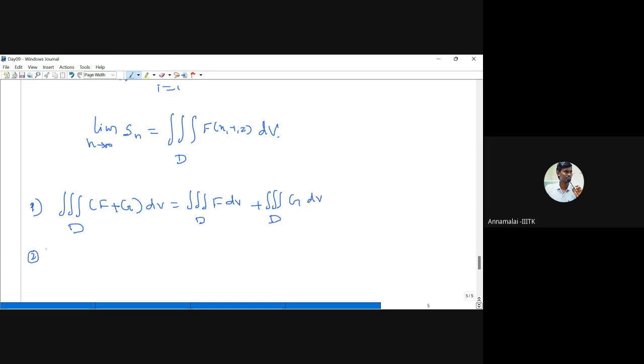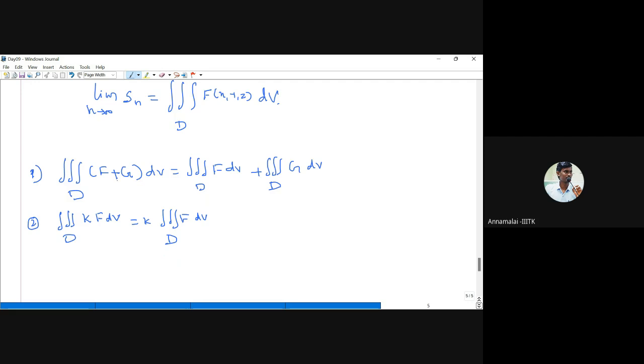If you multiply by a scalar k, the triple integral of k times f dV over D is k times the triple integral of f dV over D. Similarly for subtraction also, plus or minus.